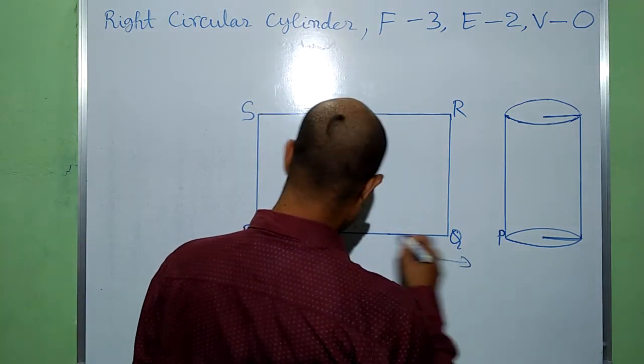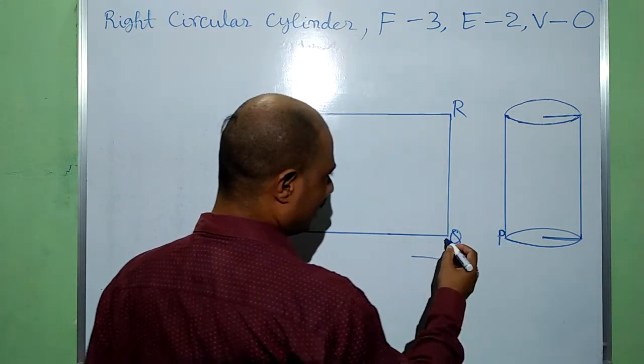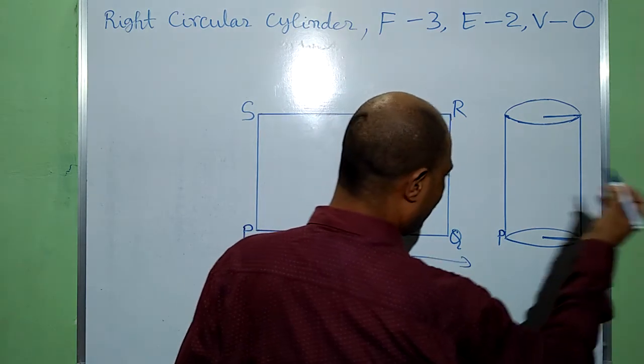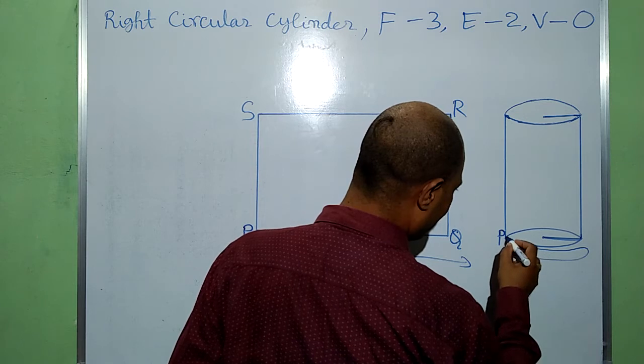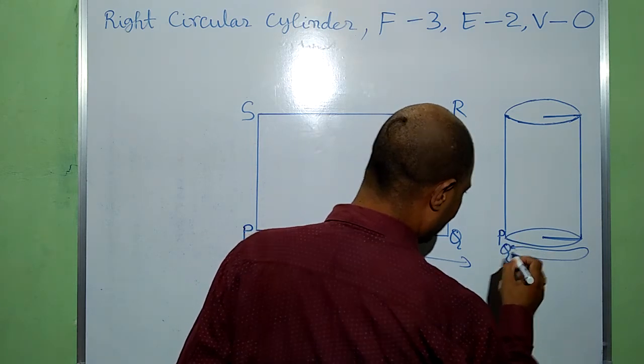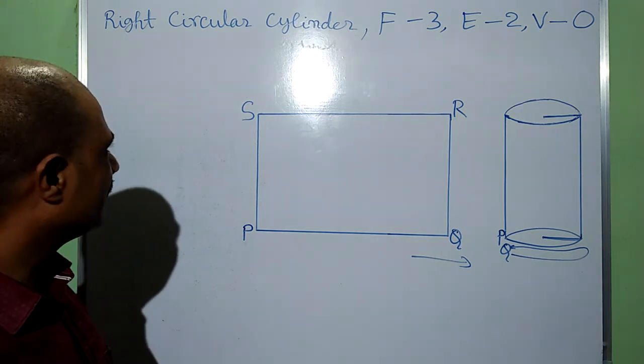Then this P will be shifted here, and when we round this, then Q will come again to this point here, Q. In this way, P and Q will coincide.